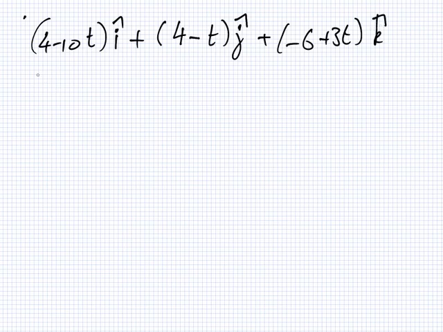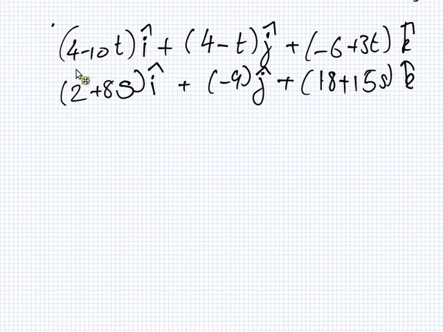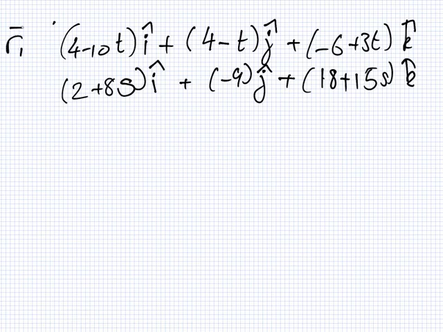And then the second line will be 2 plus 8f i, now I won't use the letter t again because I've used that for the first line, so I'll just call it f, plus minus 9j plus 18 plus 15s k. And we'll call this line r1 and we'll call this line r2.